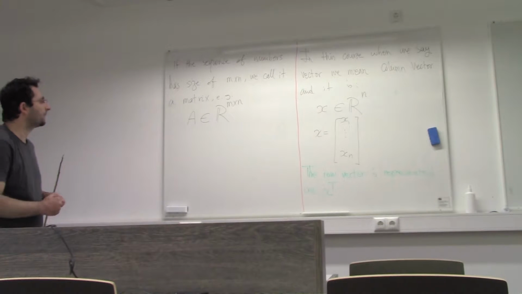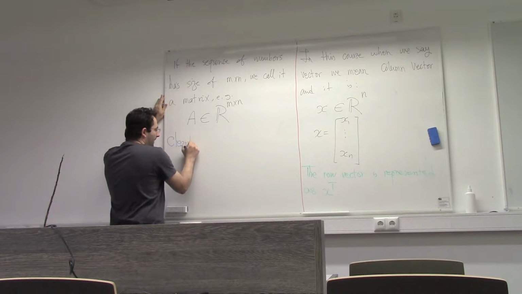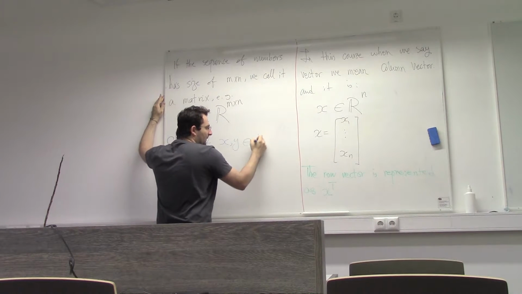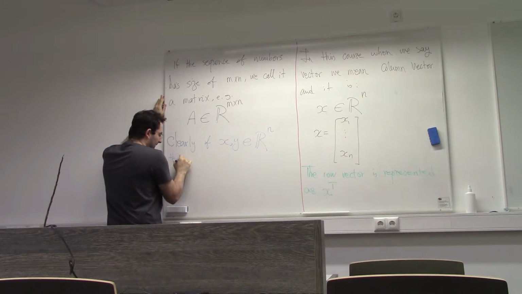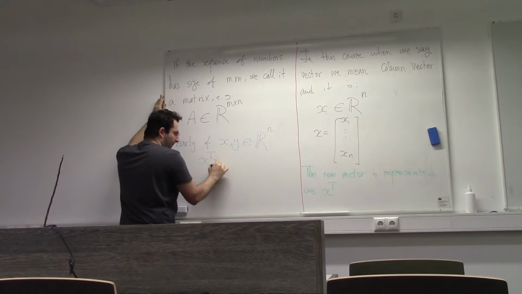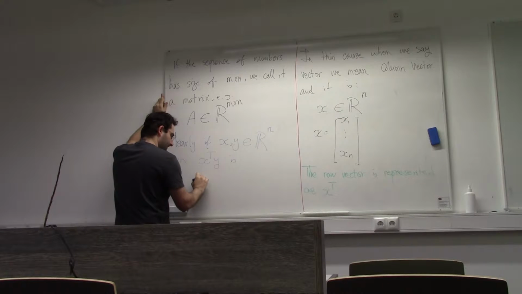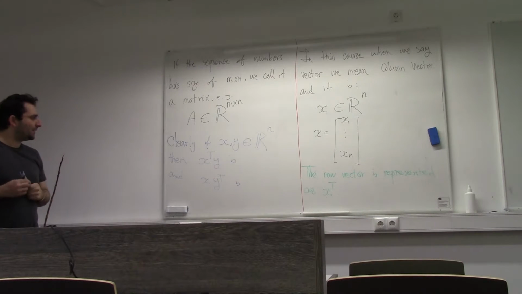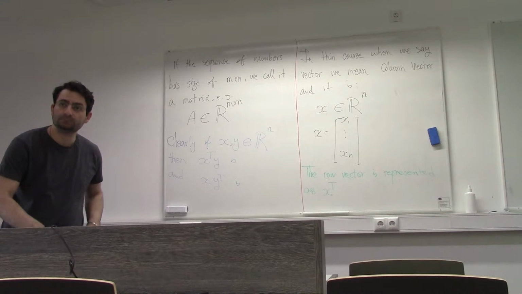So clearly, if x and y belong to R^n, then what can we say about x transpose y? Dot product.